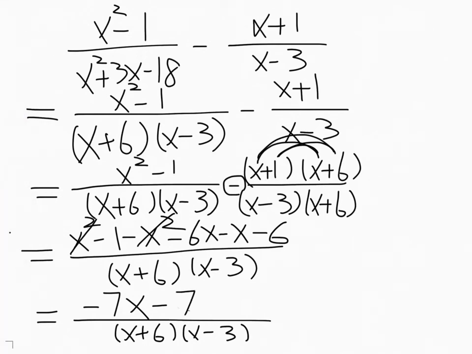What are the numbers we have to exclude from our x values? x cannot be negative 6, nor can it be positive 3. So make sure you exclude these two numbers.